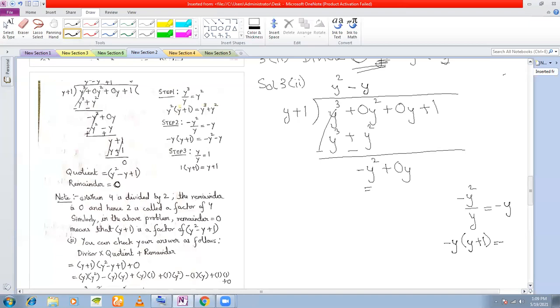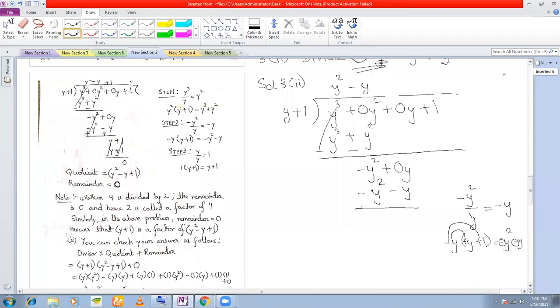How much do you get? Minus y square minus y. Because there's a plus sign here, these two will combine to give you a minus sign, and then this minus sign will combine with this plus sign to give you this minus sign. Right? So you get minus y square minus y. So you write it here.